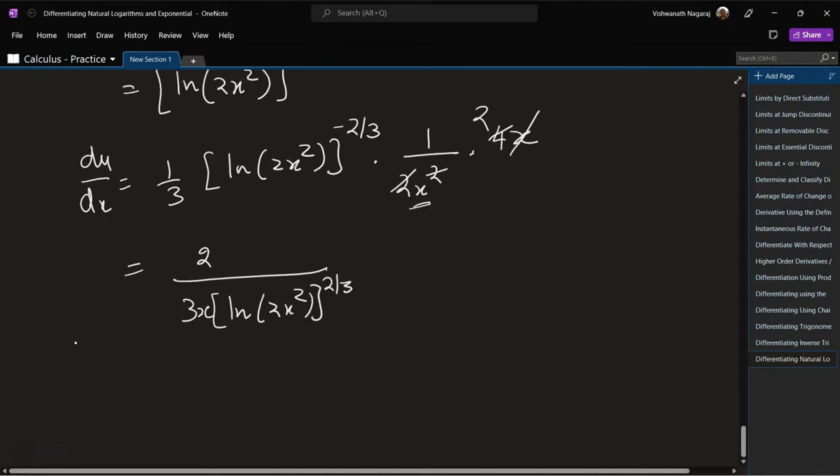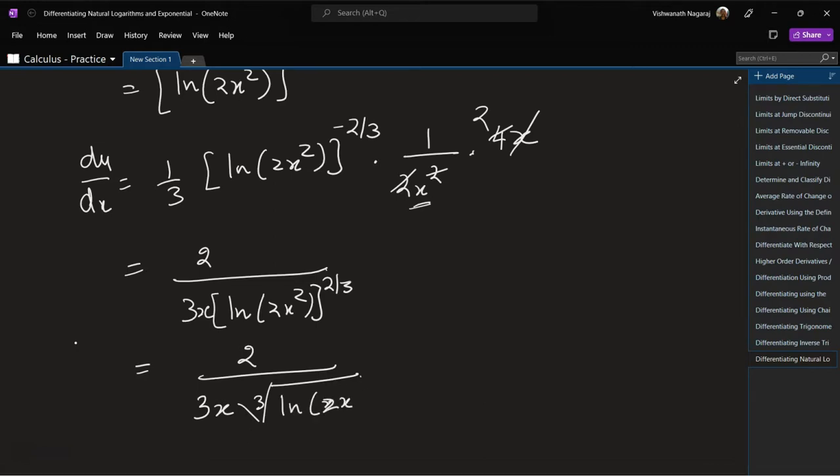If we have to write it in the form in which the question was, in that case, 2 by 3x cube root of natural log of 2x square.